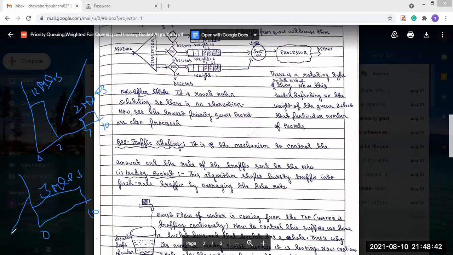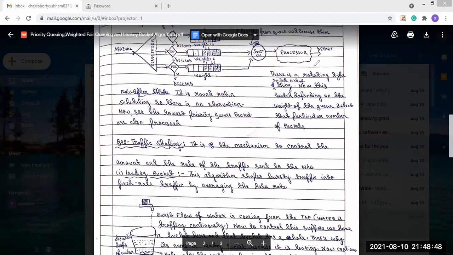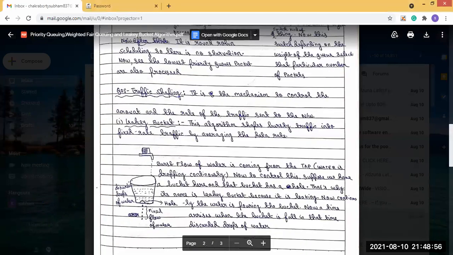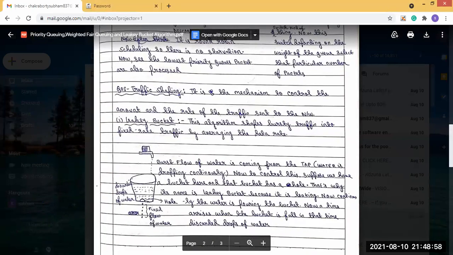Now, why is this name given as leaky bucket? This concept came from a basic real thing. The real thing from which the concept came is like this.